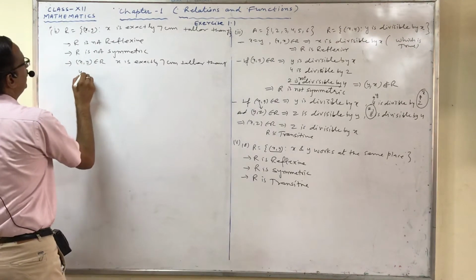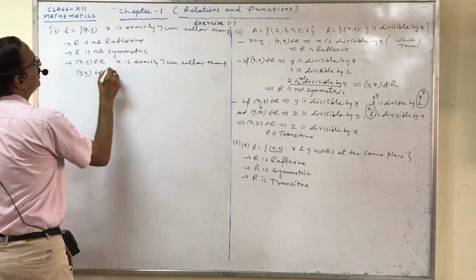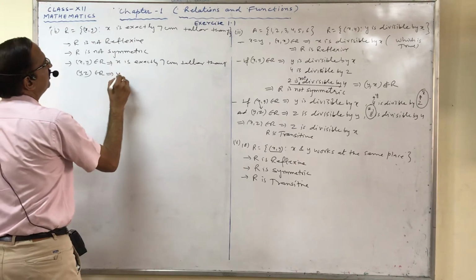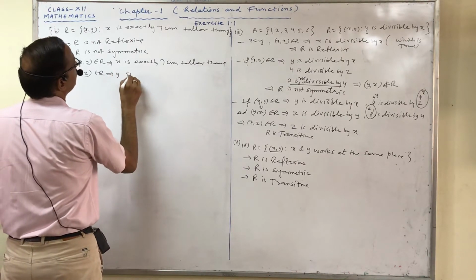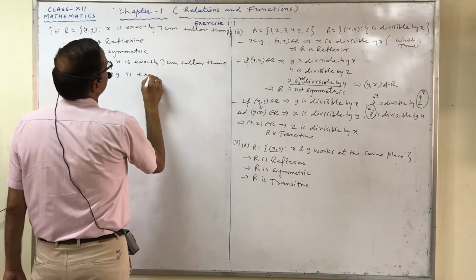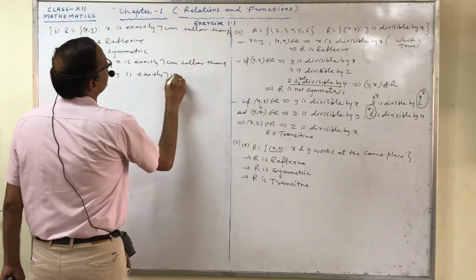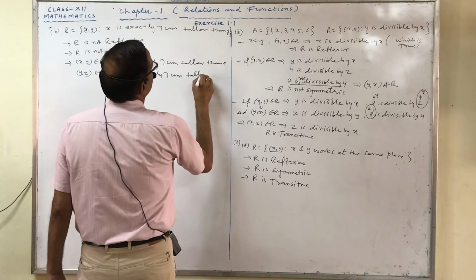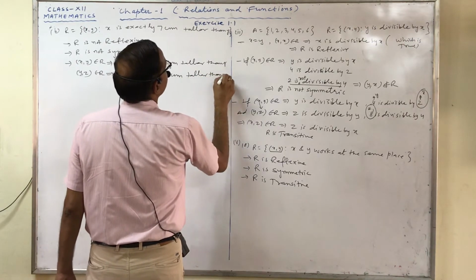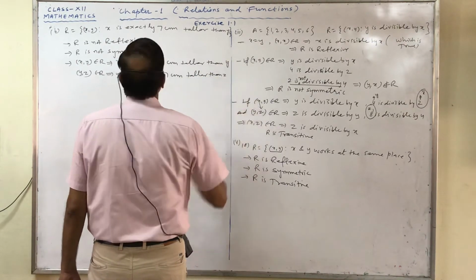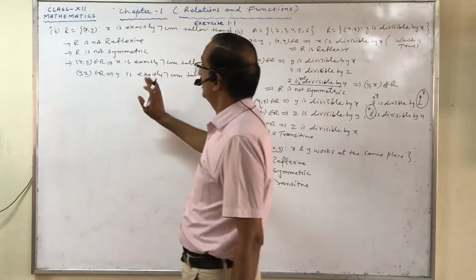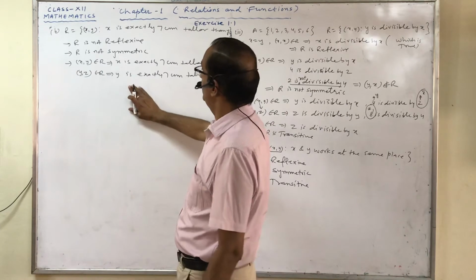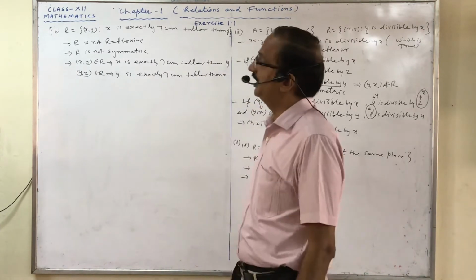And if yz belongs to R, this implies that y is exactly 7 centimeter taller than z. x is taller than y by 7 centimeter, and y is taller than z.